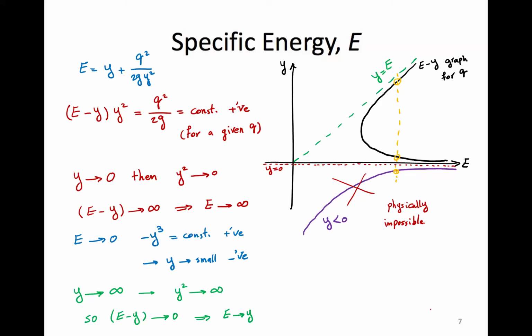We cannot have negative depth. And there are 2 more left, 2 more positive roots or y or depth values. And those are the ones that we're going to discuss and talk about all the time. So I may never again mention the negative y value, but keep in mind, it is there. We just don't take it into consideration because it's physically impossible.